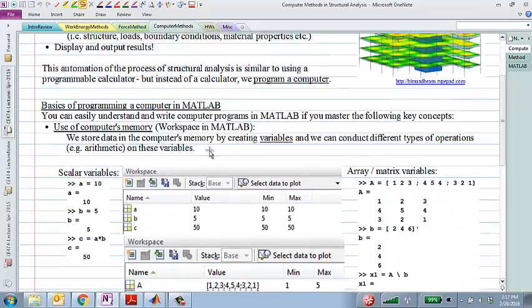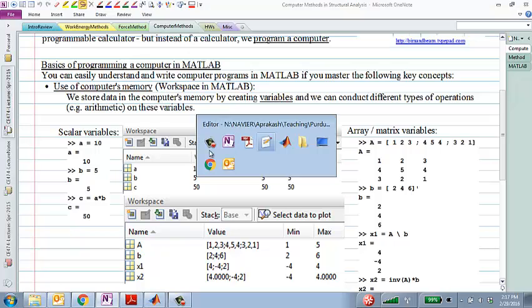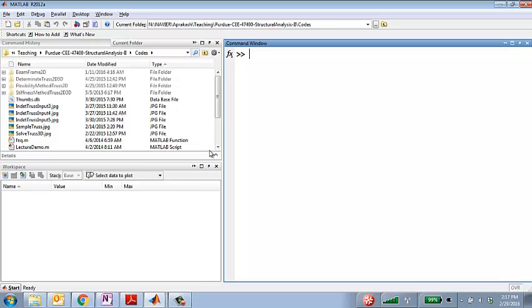So here's a very quick introduction to Matlab if you have not seen this before. And there are lots of other tutorials freely available on the web. If you are not familiar with Matlab, I'd encourage you to go to the web and look for some simple tutorials on Matlab.